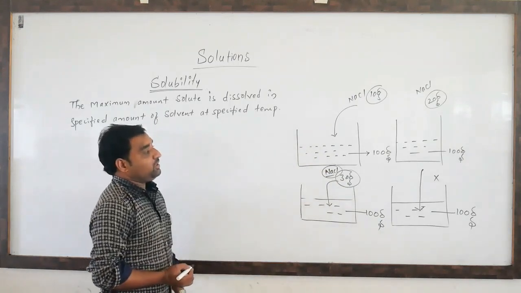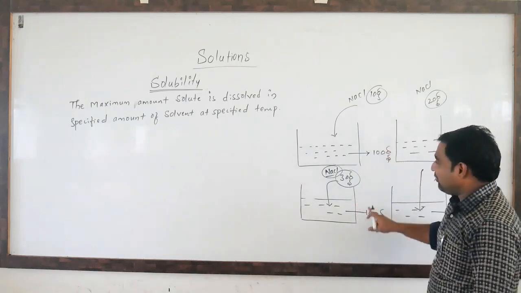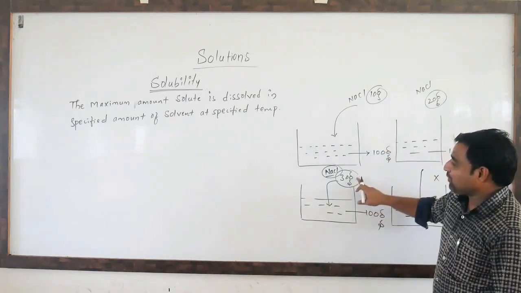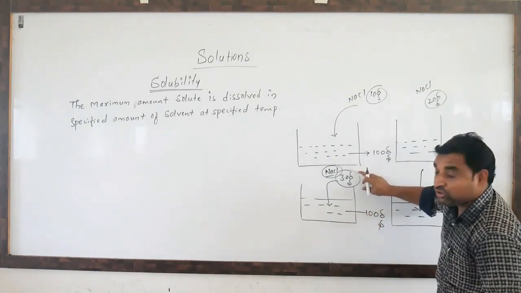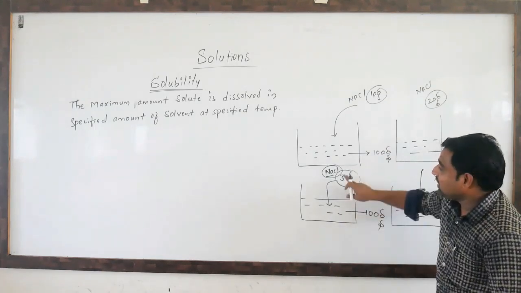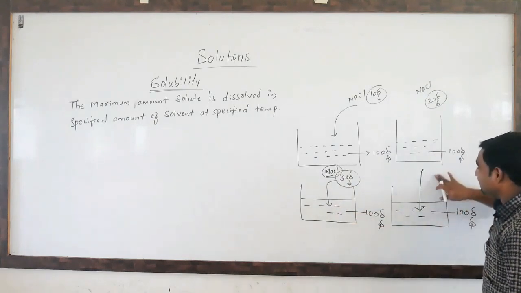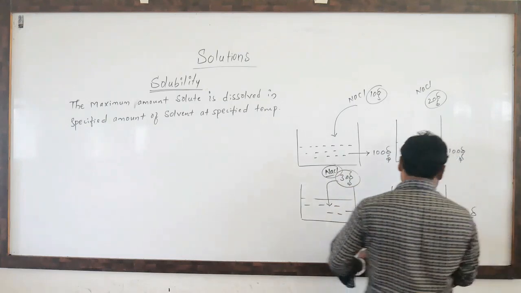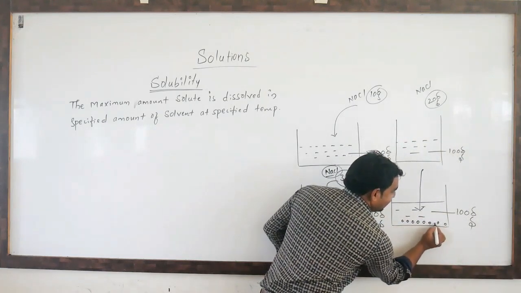Coming to the point, in the case of the third beaker containing 100 gram of solvent, 30 gram of sodium chloride will be dissolved. If you add still more solute to this solvent, the sodium chloride will not be dissolved. In this case, the solute particles settle down at the bottom of the container.